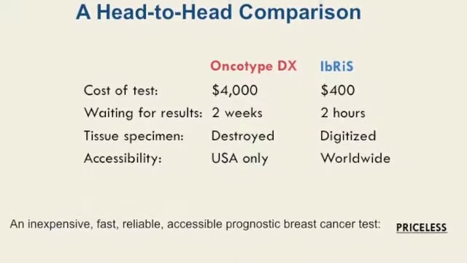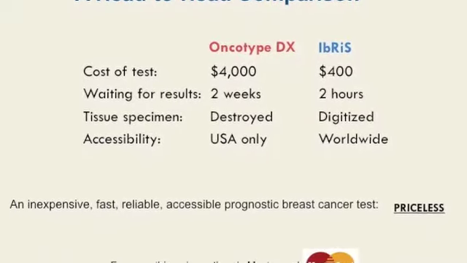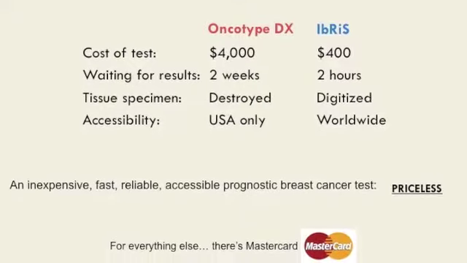The tissue specimens are destroyed with Oncotype. With IBRIS, they're digitized, so you have the images for posterity. Accessibility is largely limited with Oncotype to the US only. With IBRIS, it's available worldwide. So you have an inexpensive, fast, reliable, accessible prognostic breast cancer test that's priceless. For everything else, there's MasterCard.